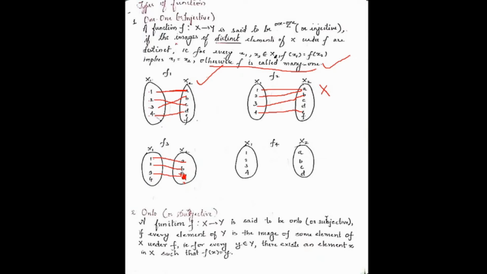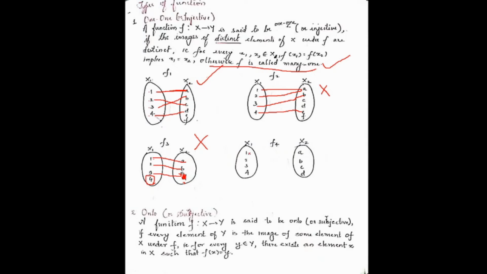What they are saying is, distinct elements of X should have distinct images under F, right? But 4 is not having any image. So this is not 1, 1.